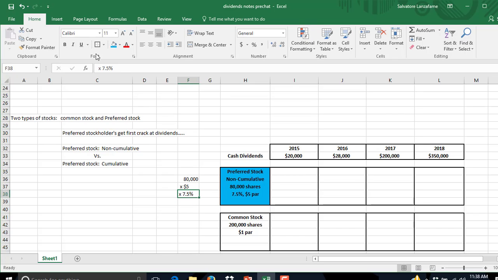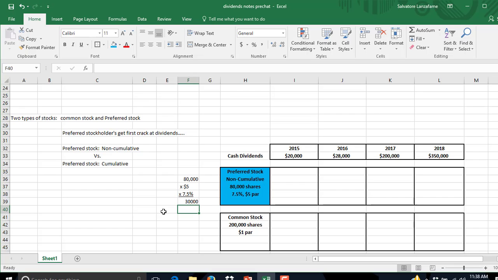And when I do this math, this is going to give me what the preferred stockholders are entitled to. So if I take 80,000, multiply it by 5, multiply it by 7.5%, I come up with $30,000. Okay? So that $30,000 is what the preferred stockholders are entitled to.